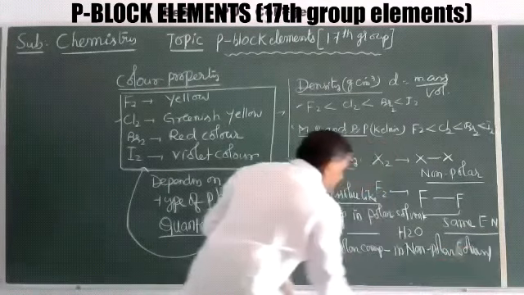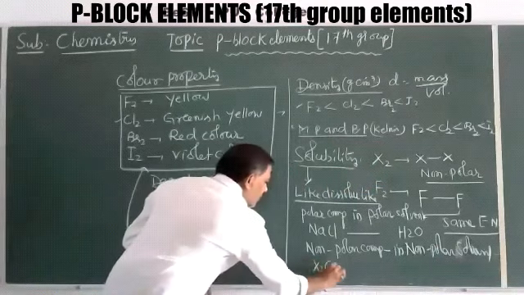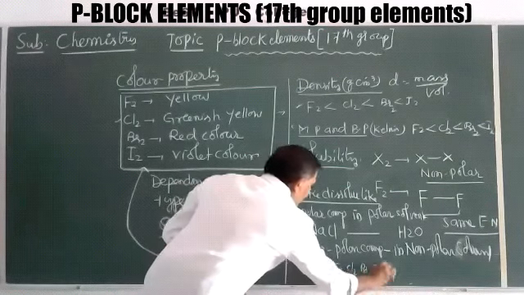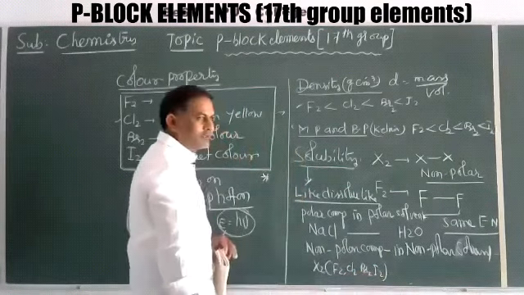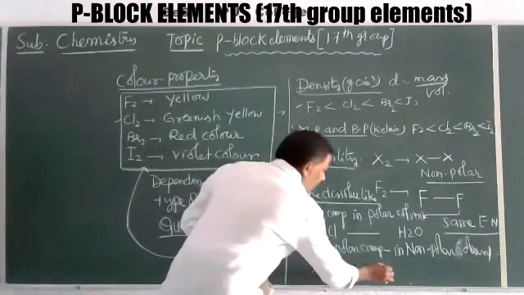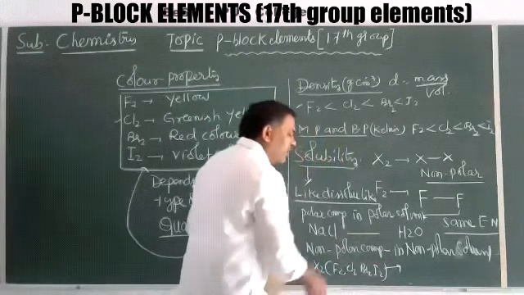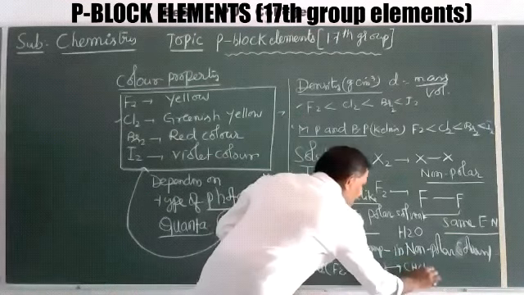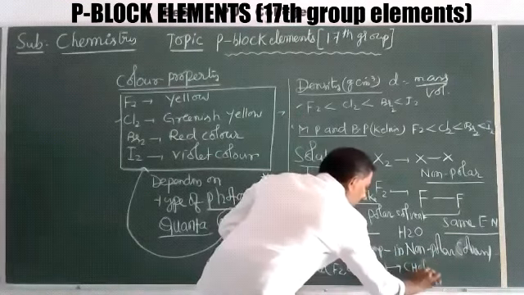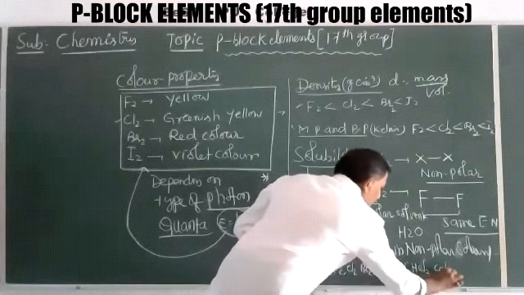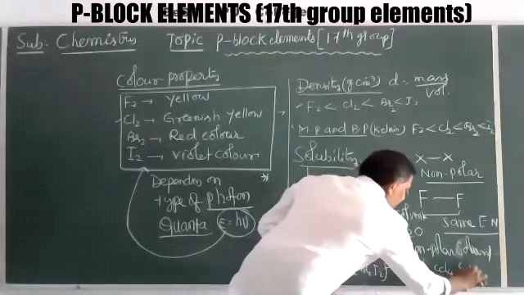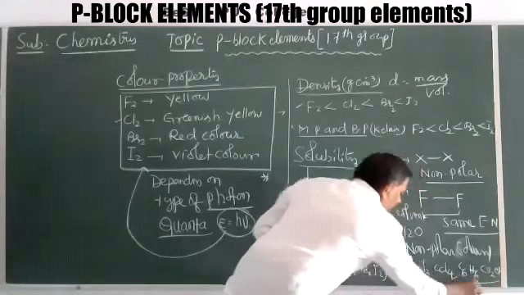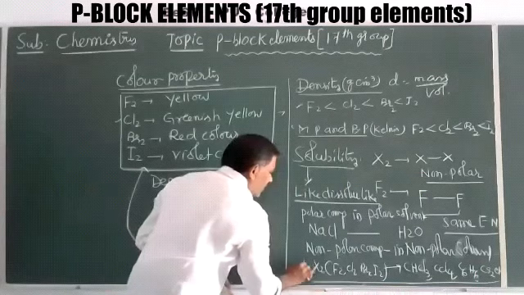So here halogens like X2, chlorine, bromine and iodine are non-polar molecules which are soluble in non-polar solvents. Significantly, in non-polar solvents such as chloroform, CHCl3, carbon tetrachloride, benzene, carbon disulfide, they are readily soluble.